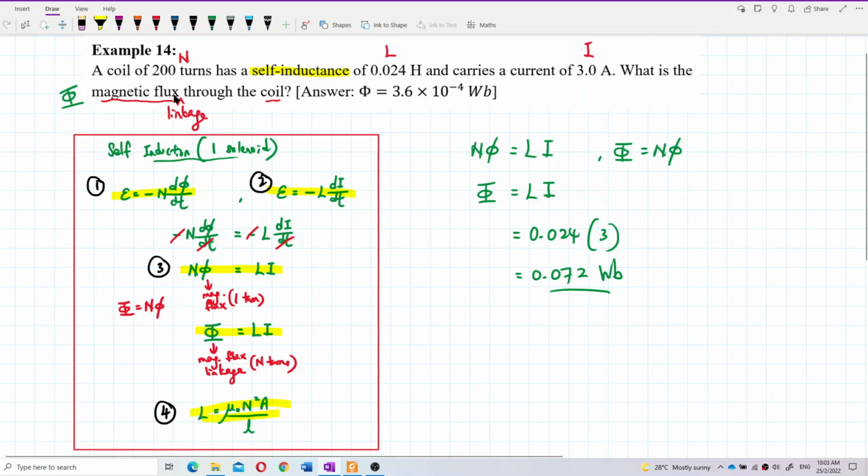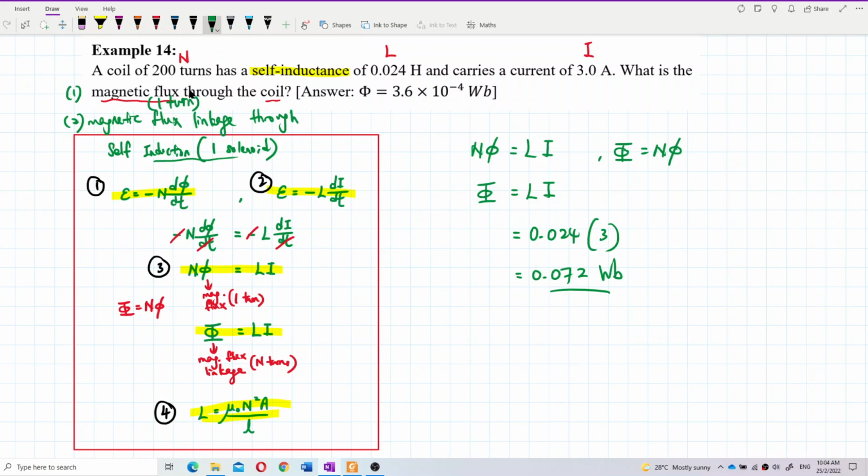There are maybe two types of questions. The first type asks about magnetic flux only, which means only one turn. The second type asks about magnetic flux linkage through the coil. If there is the word linkage, then it's many turns.